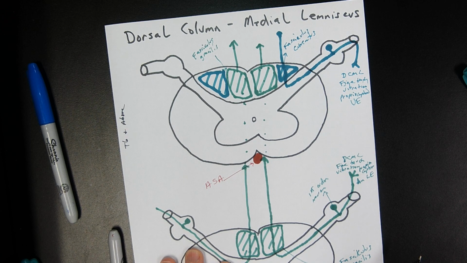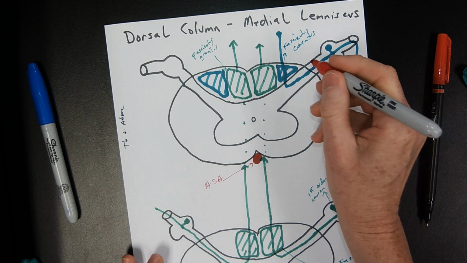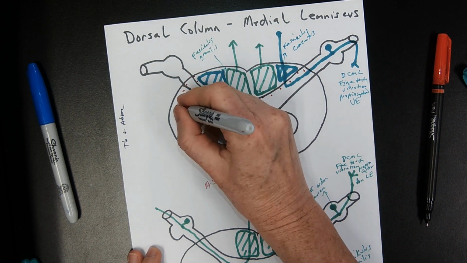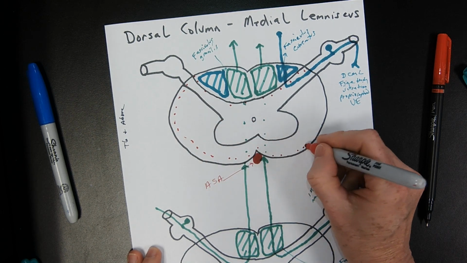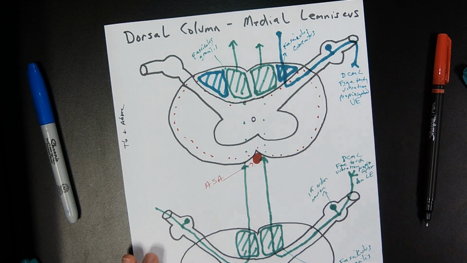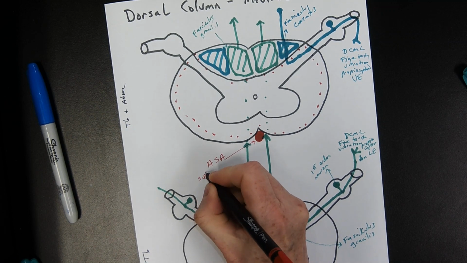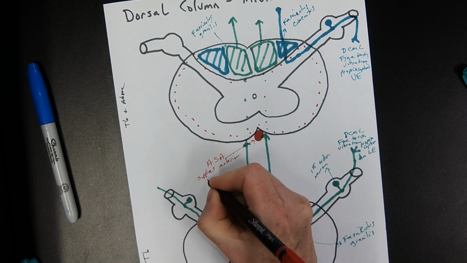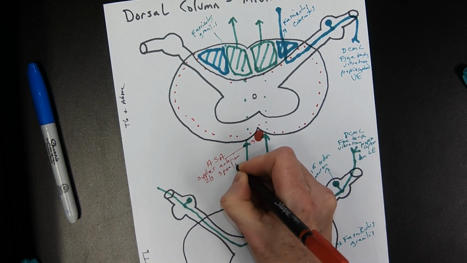The important part about the ASA is that it is responsible for supplying blood to the anterior 2/3 of the spinal cord. As it turns out, it supplies blood everywhere but the dorsal columns. Everywhere but the dorsal columns is going to supply blood to the anterior 2/3 of the spinal cord.